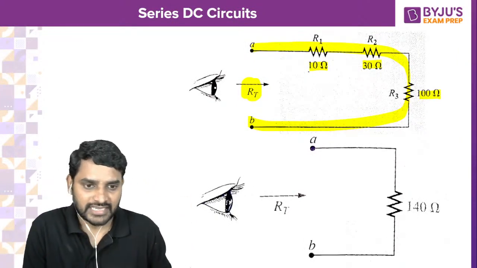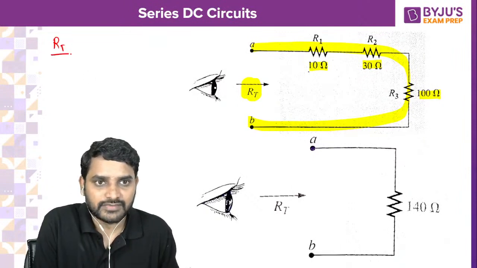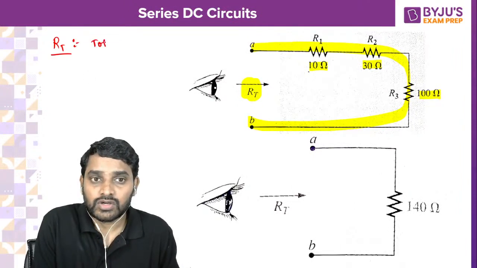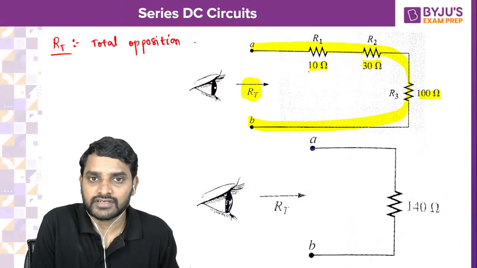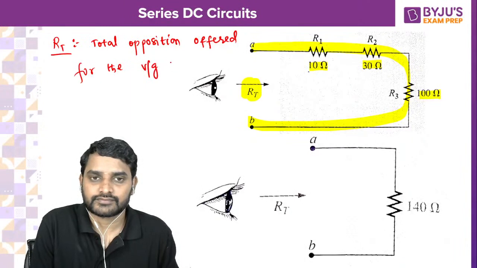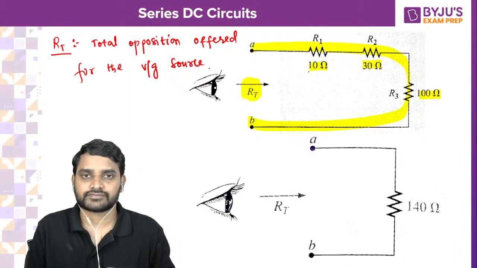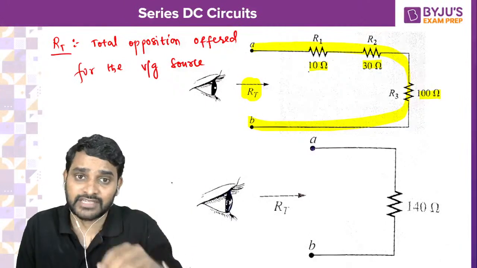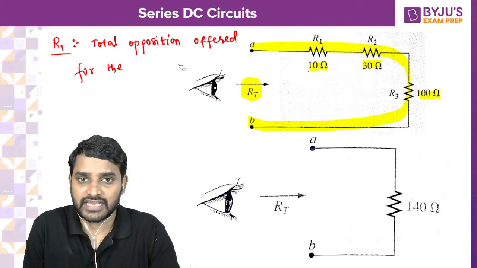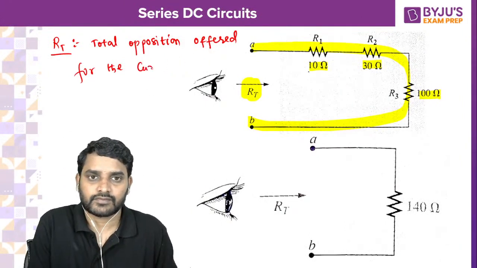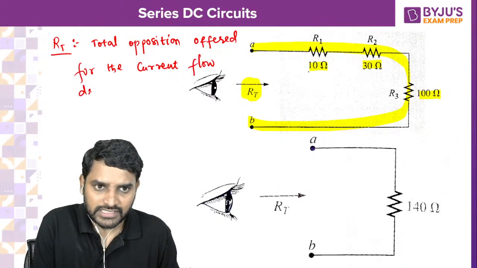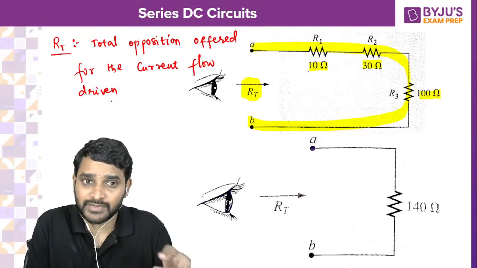Total resistance RT is nothing but the total opposition offered for the voltage source, or for the current flow driven by the voltage source. That is also fine. Current is driven by the voltage source, no?